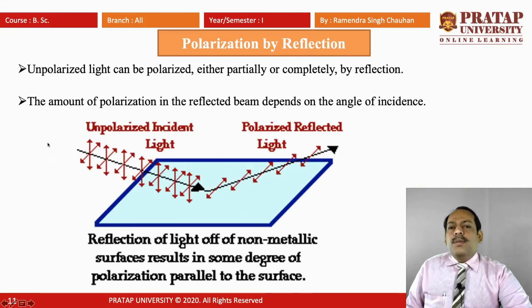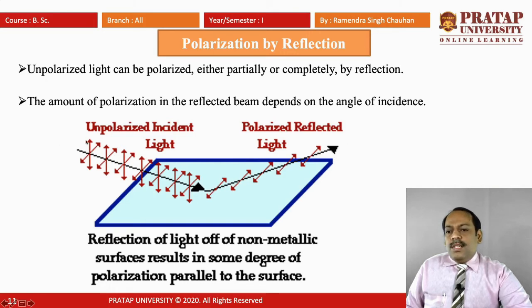Now we will talk about polarization by reflection, that is a method of polarization. In polarization by reflection, when light is incident at a specific angle, called the Brewster angle, then the reflected light is plane polarized, with vibrations perpendicular to the direction of propagation.